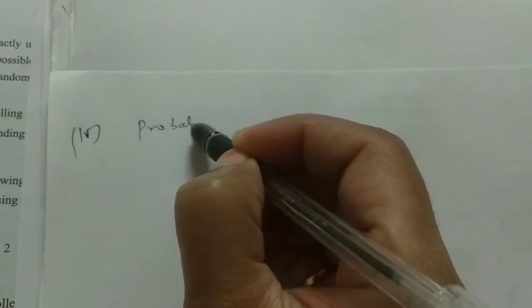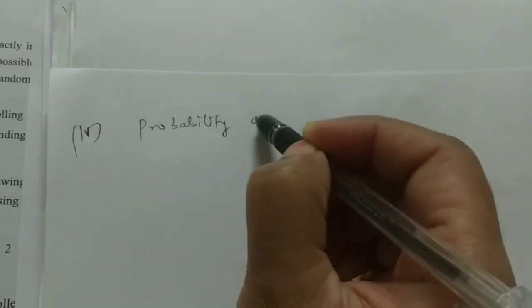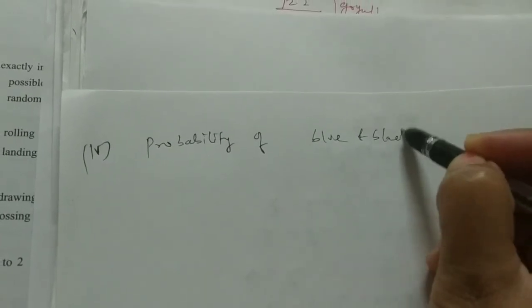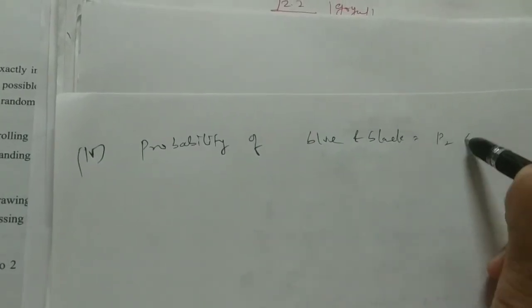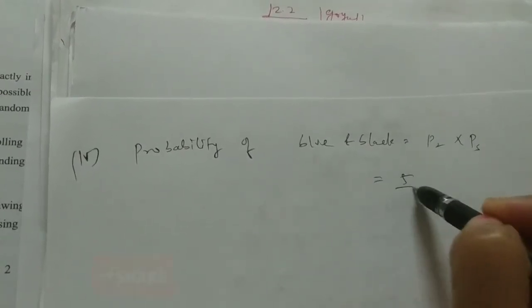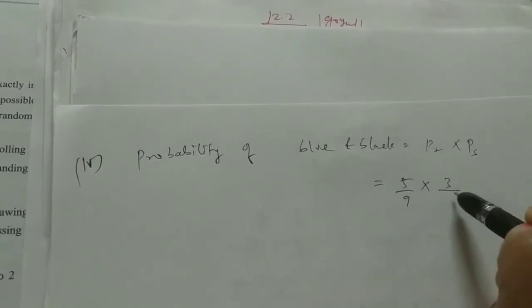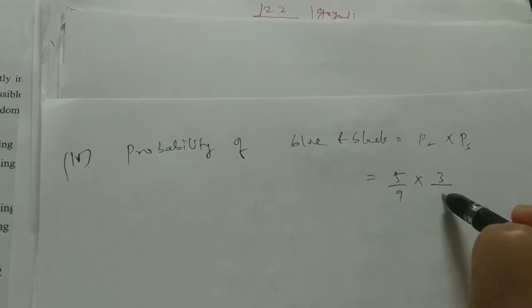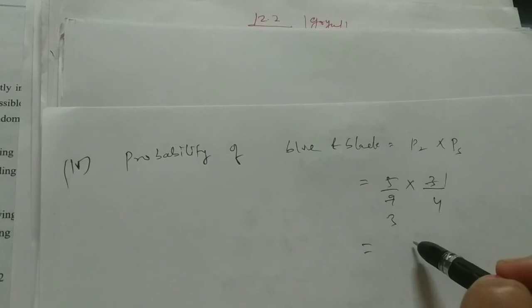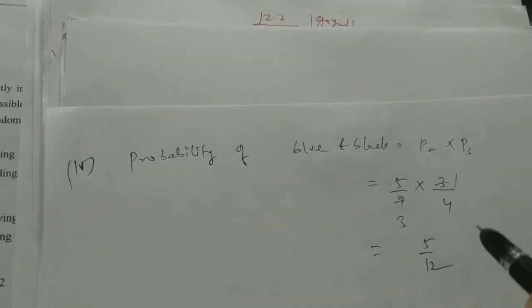And last part, probability of blue and black balls would be P2 into P3, that would be equal to 5 by 9 into 3 by 4. So it would get cancelled. Answer would be 5 by 12.